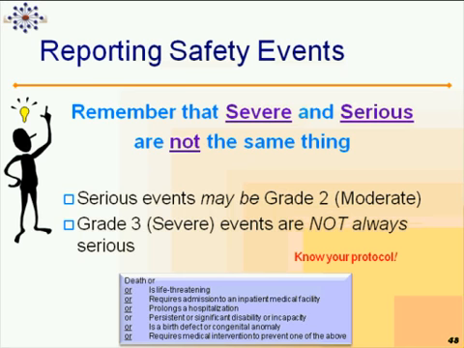Not necessarily perhaps a life-threatening event. They went to the emergency room. They were treated and discharged to home. This is an event that, in the participant's mind, is an incredibly serious event. To them, they are using the word serious. But this is where you have to be careful when you're assessing these events. Is the event serious by definition of an SAE seriousness? Or is it just a severe event or maybe even a moderate event?